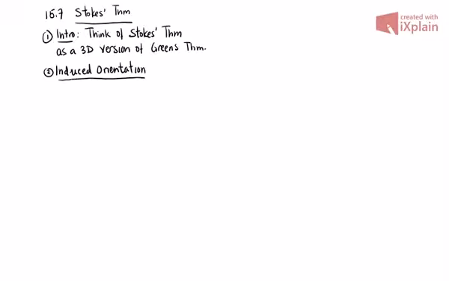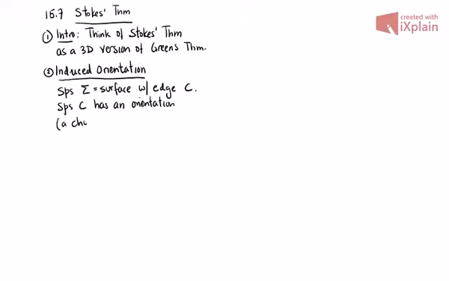This is the way it works. Suppose you have a surface sigma, and sigma has an edge C. Suppose C has a chosen orientation. In other words, C has a direction that's chosen.